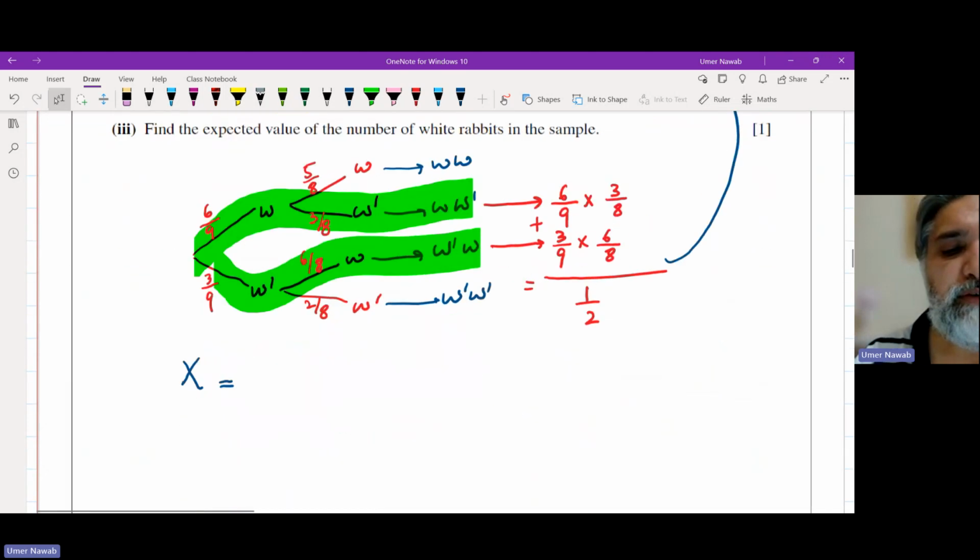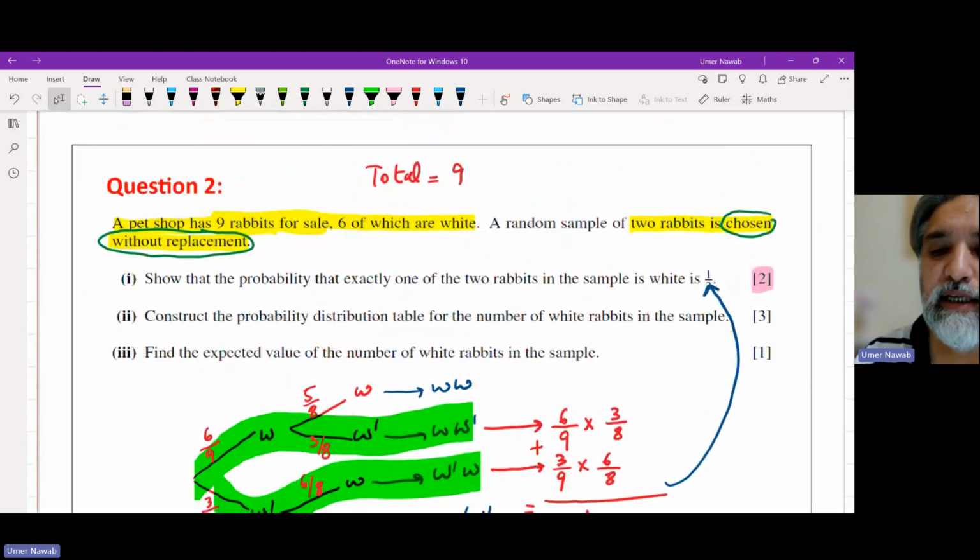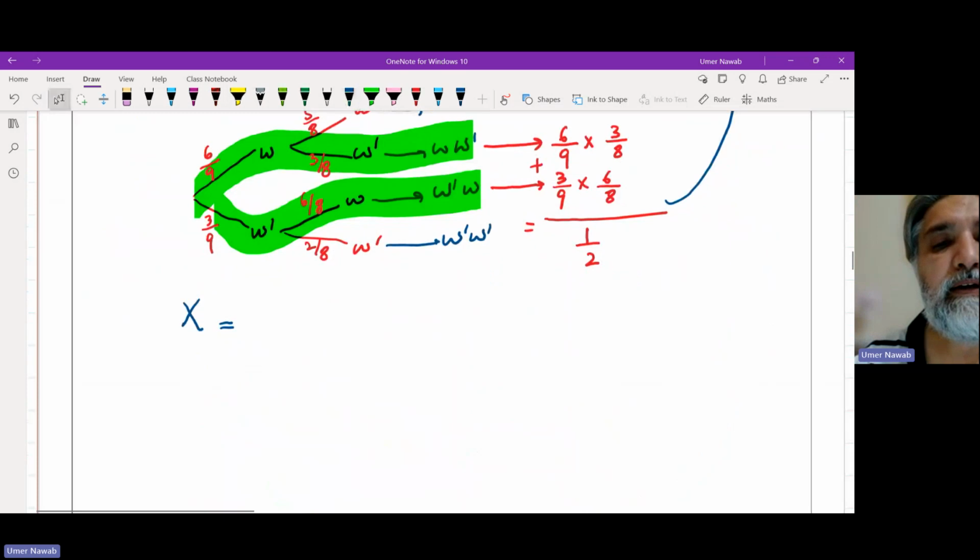Suppose x is the number of white rabbits. In the first part, he says exactly one of the 2 rabbits is white. So white is the case which helps me define my random variable. So x represents the number of white rabbits which can come in 2 selections of rabbits. So no white may come, maybe 1 white comes, and 2 white comes, right?